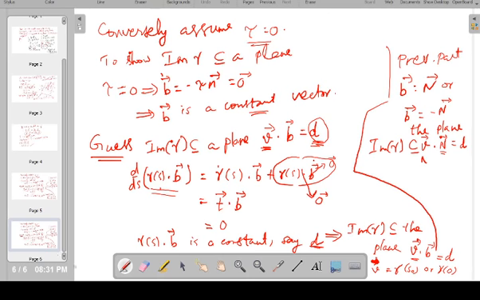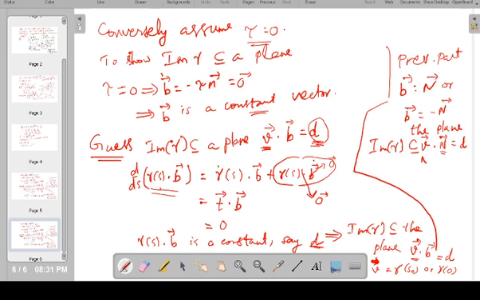Okay. Hope you understand. Conversely, assume tau equal to 0. I have to show the image of gamma is contained in a plane. Which plane? We don't know.